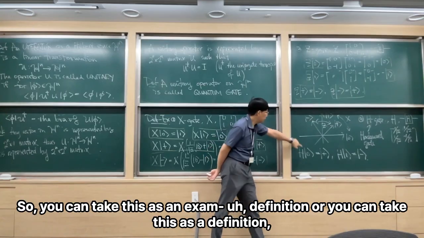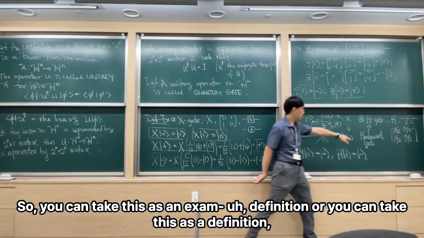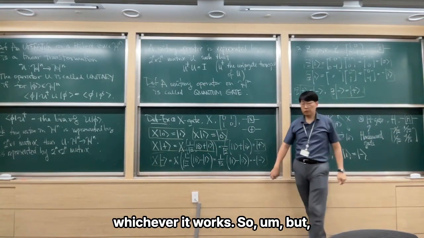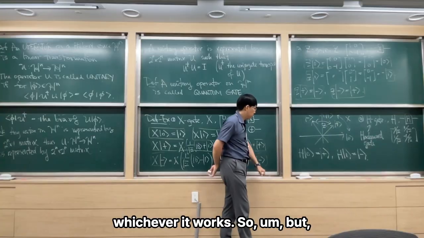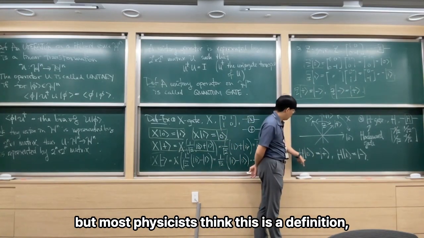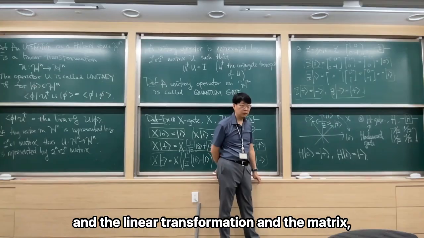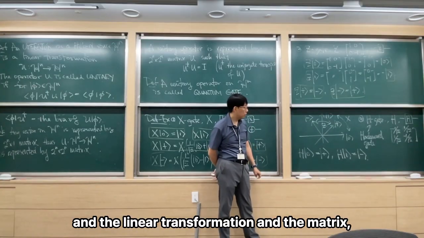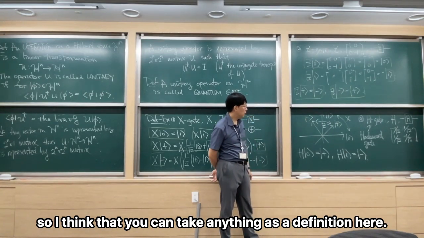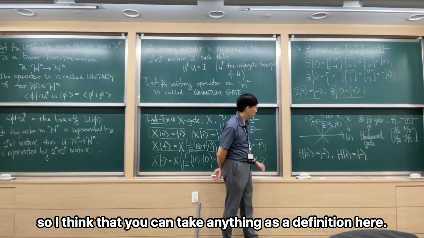So you can take this as a definition, or you can take that as a definition, whichever works. Most physicists think this is the definition, but I don't really distinguish the gate, the linear transformation and the matrix. So you can take anything as a definition here.